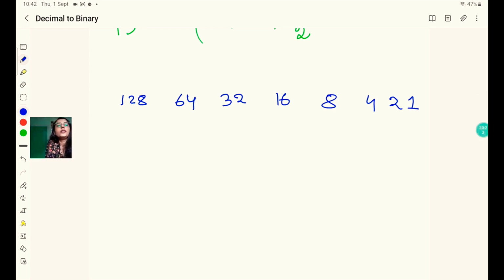If we need to add more bits in the leftmost position, with positions 0, 1, 2, 3, 4, 5, 6, 7, then just to the left of this one will be 2 to the power 8, that is 256, right? 256 is for the 8th position, and so on and so forth.